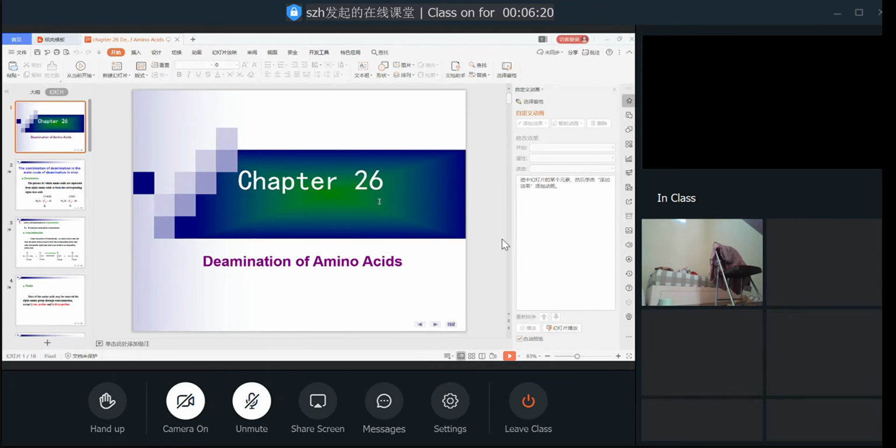Especially the degradation of the amino acids. You can see the amino acid goes through deamination, oxidation, and the metabolism of ammonia, and lastly thoroughly metabolism.